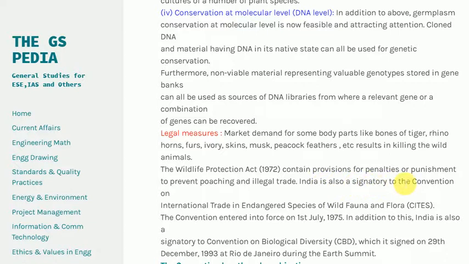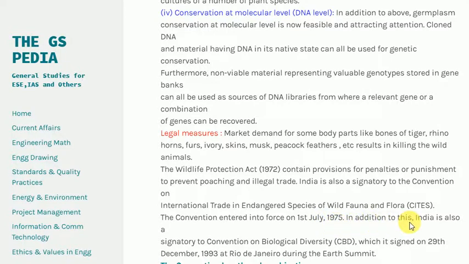India is also a signatory to the Convention on International Trade in Endangered Species of Wild Fauna and Flora, CITES. The convention entered into force on the 1st of July, 1975.